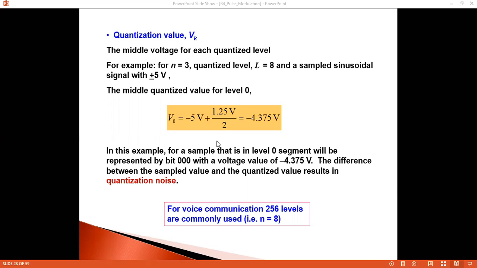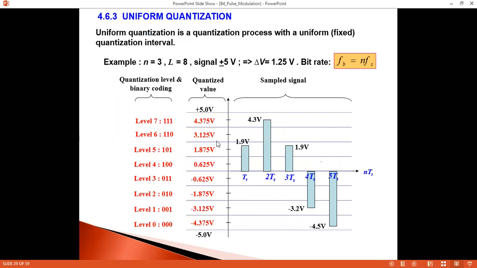And in our next slide, we look at the first PCM type based on the quantization, which is uniform quantization.